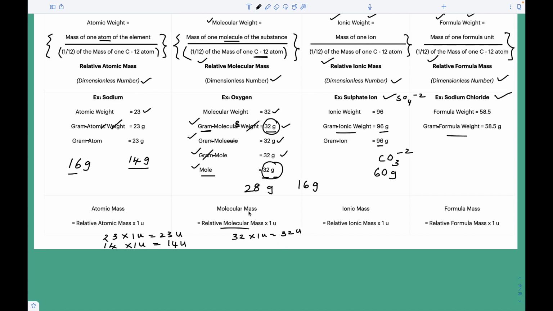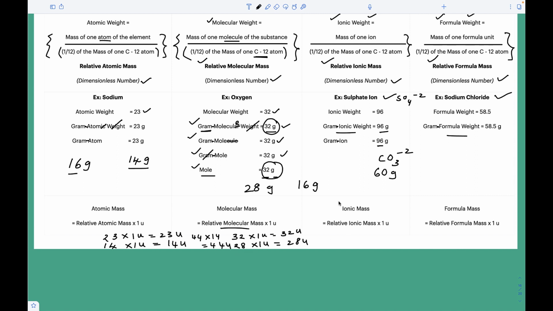And the molecular mass of nitrogen is its molecular weight 28 multiplied with 1U, that is 28U. And the molecular mass of carbon dioxide is its molecular weight 44 multiplied with 1U, that is 44U.